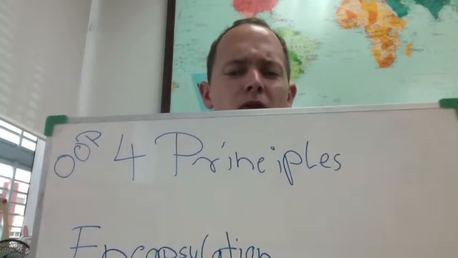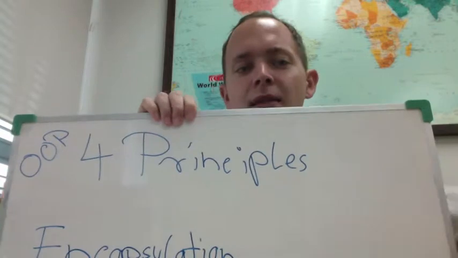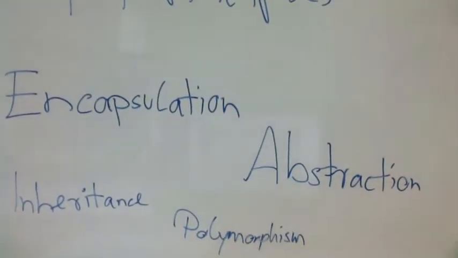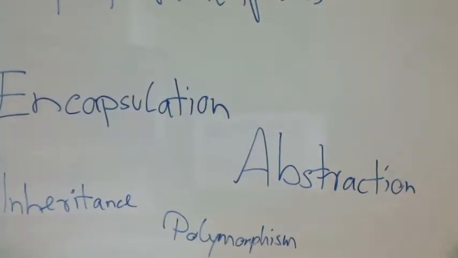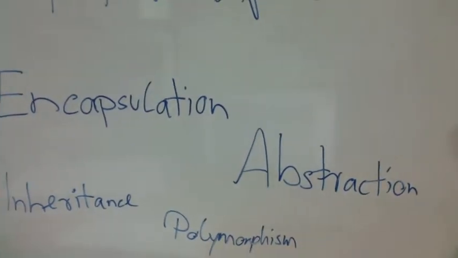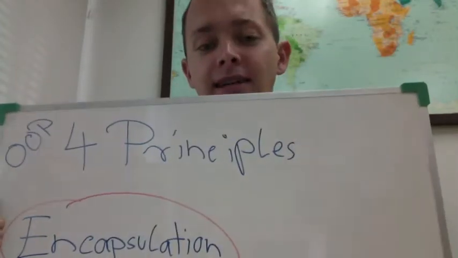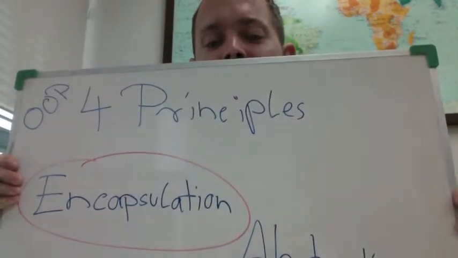OOP is based on 4 main principles, very important principles, and those principles namely are encapsulation, abstraction, inheritance, and polymorphism. Now, since I said I only want to mention one more thing, lucky you, we will briefly talk about only one of those 4 principles, and we'll tackle the rest in the next lesson. This is now encapsulation that we start off with.